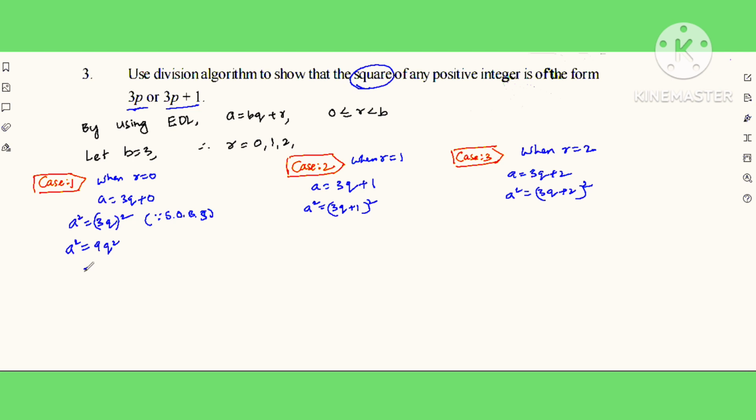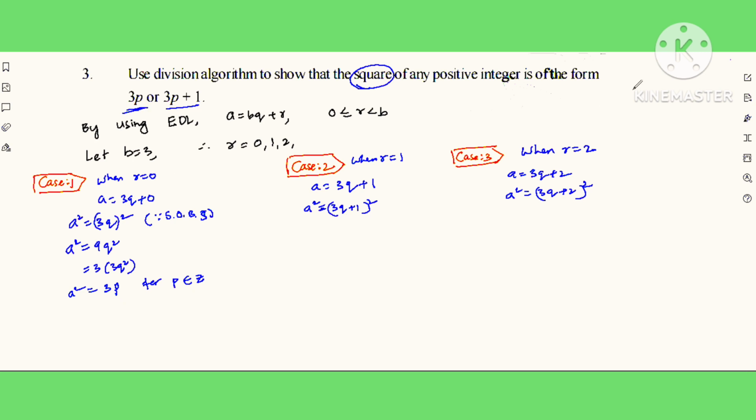How can you write this? 3 into 3q square. Okay, so here 3q square is some integer, so 3 into p, where p belongs to Z. Now the first one we got 3p form. Now let's go for the second one.